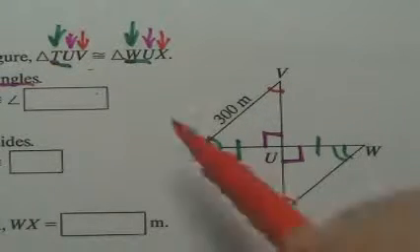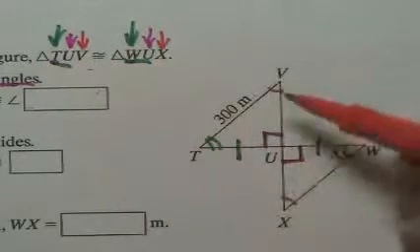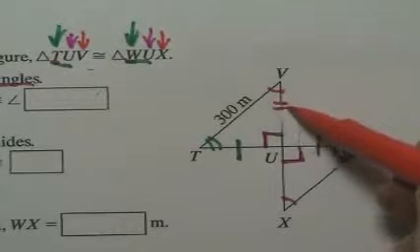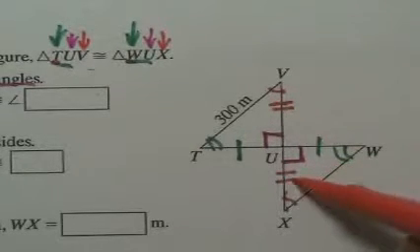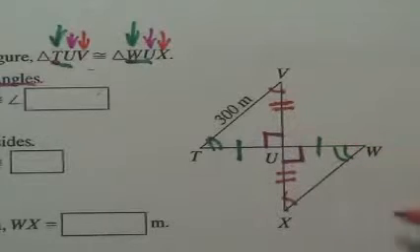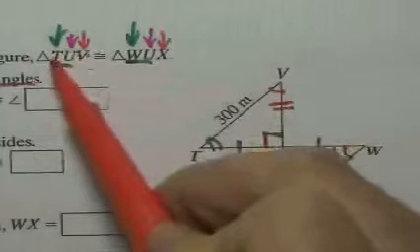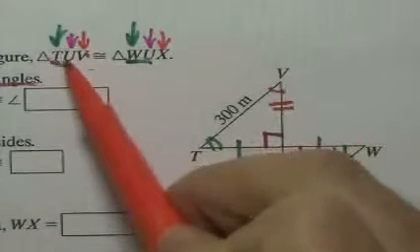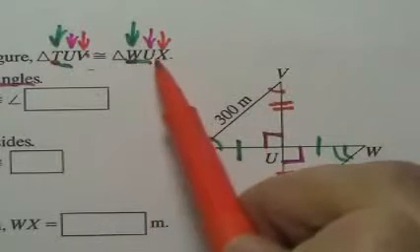Next, if I look at UV, that should match up with UX. UV, I'll put two lines there, that should match up with UX. And those go together. And of course I have the other one, VT, or TV, should match up with WX, looking at the order.